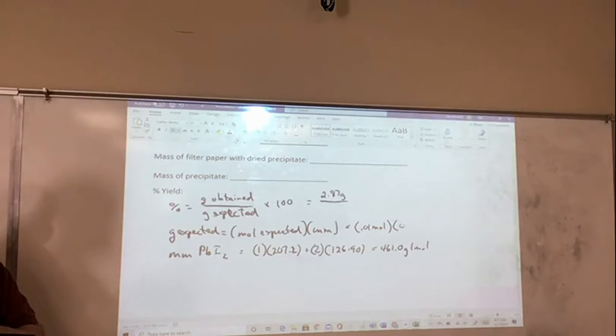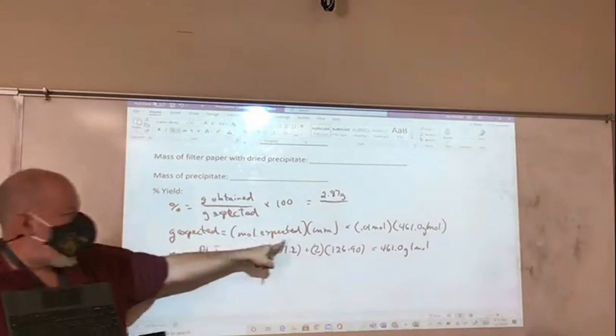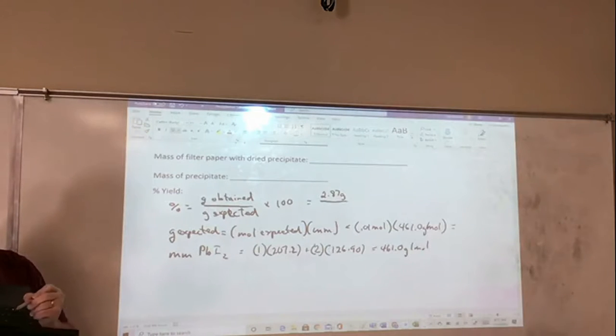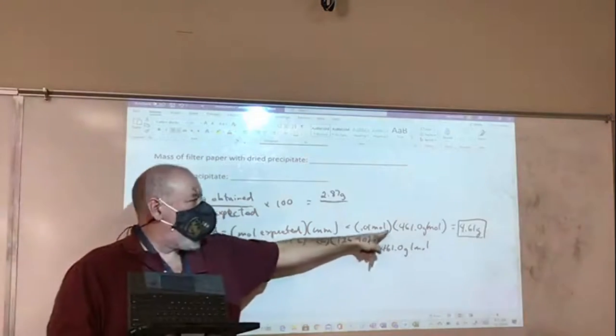So we plug that back into our molar mass here. And I'm just going to move my decimal places 2 points to the left, right? So I get 4.61 grams. I expected 4.61 grams.